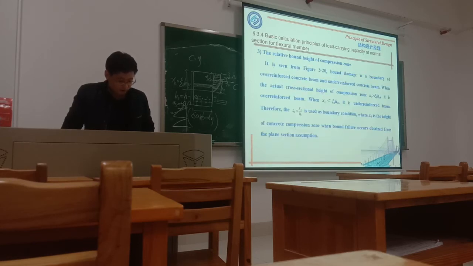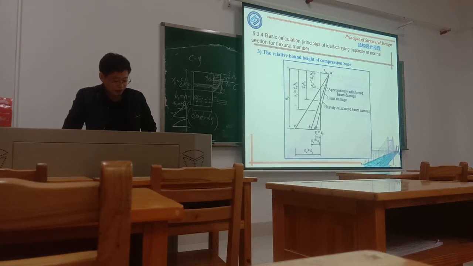So, as seen from figure 20, the boundary damage is the boundary between the over-reinforced and properly reinforced concrete. If the actual height of the compression zone XC is larger than this value, it is an over-reinforced beam. If XC is larger than this XB, it is over-reinforced.